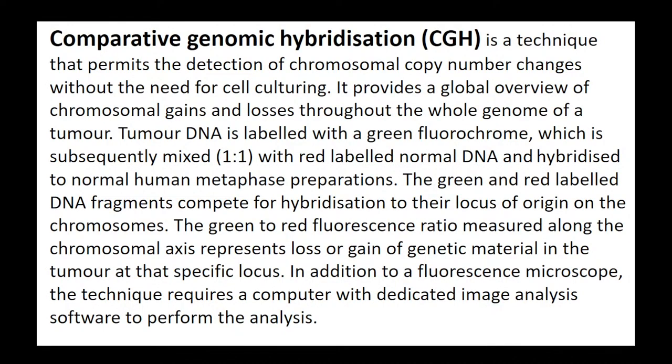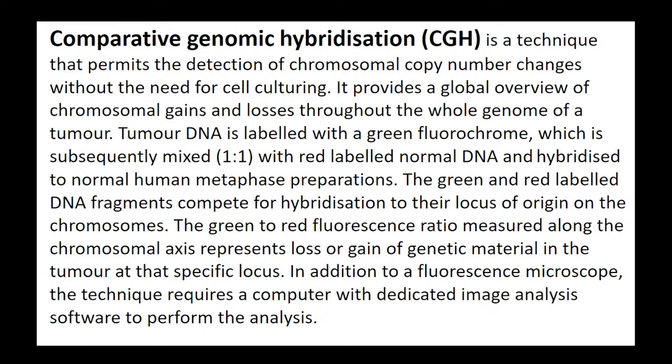Comparative genomic hybridization, CGH, is a technique which permits the detection of chromosomal copy number changes without the need for cell culturing. It provides a global overview of chromosomal gains and losses throughout the whole genome of a tumor. Tumor DNA is labeled with a green fluorochrome, which is subsequently mixed with red labeled normal DNA and hybridized to a normal human metaphase preparation.